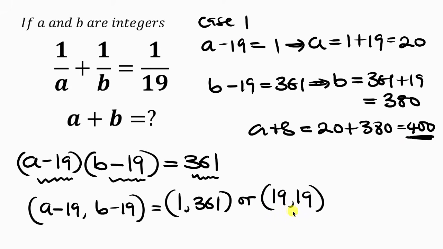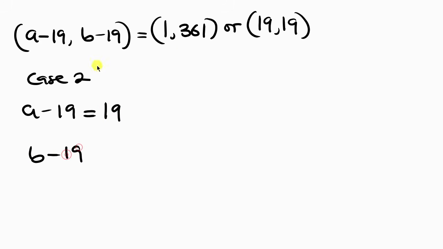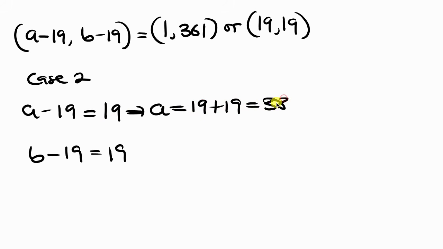Now we move on to our second case. Let's call this case 2. We have A minus 19 equal to 19 and B minus 19 equal to 19. When I move negative 19 to the right, that gives me A equal to 19 plus 19, which gives 38.